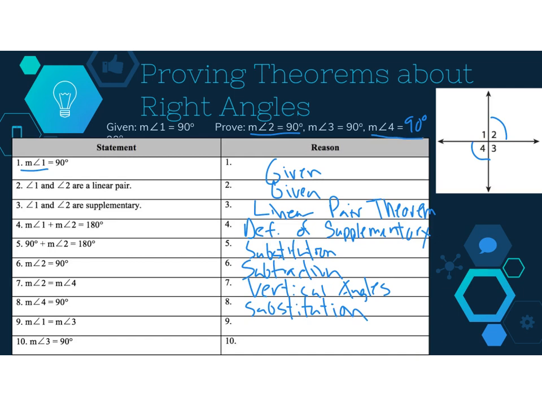And then again, we're looking at measure of angle 1 and measure of angle 3. Those are vertical angles. And measure of angle 3, we now replace measure of angle 1 with 90, and that gives us our last one. And our reasoning is substitution there. So now we just proved all 4 angles are 90 degrees.